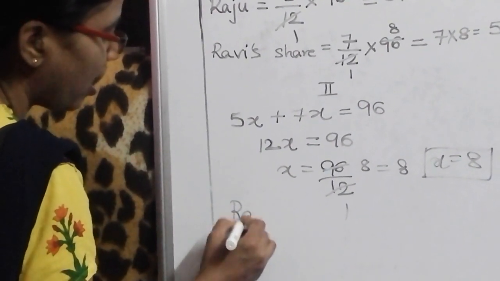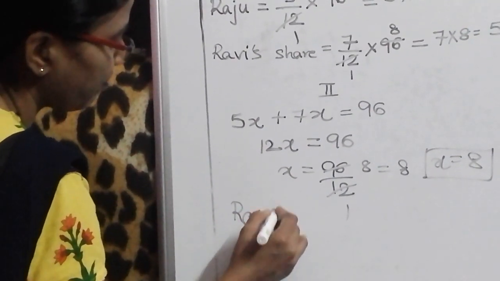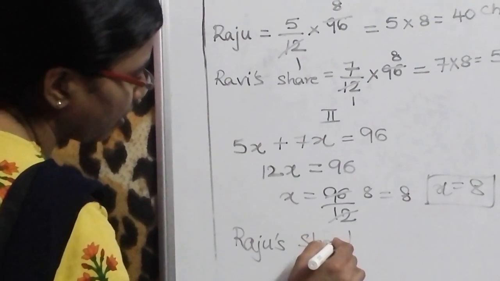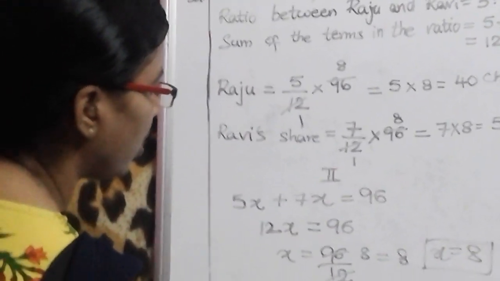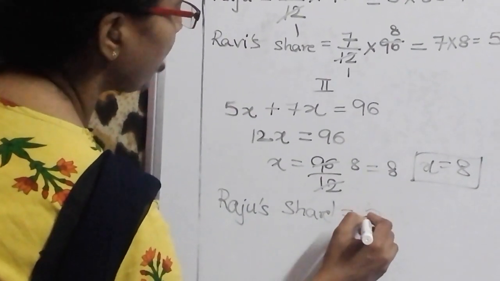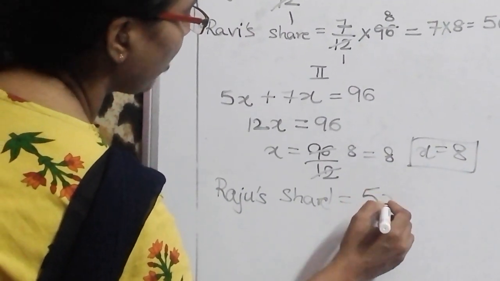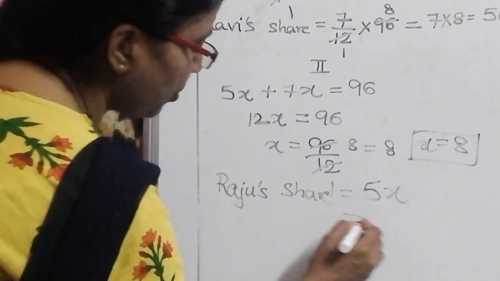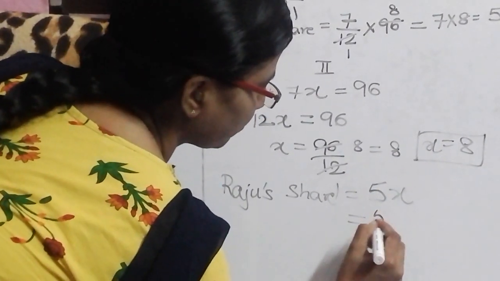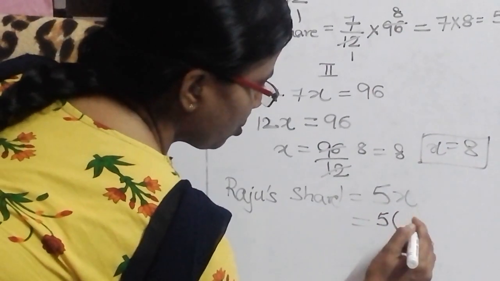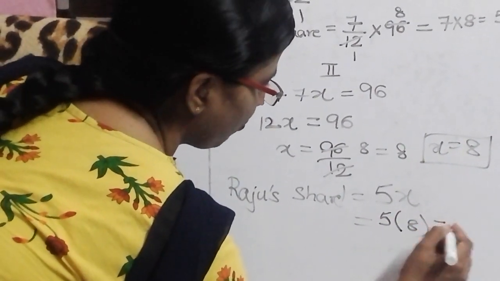So here Raju's share is equal to 5x. Raju's share is 5, so it is 5x. 5 you are going to write as it is. x is 8, so substitute this. 5 eights are 40.